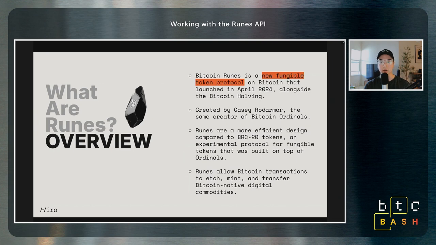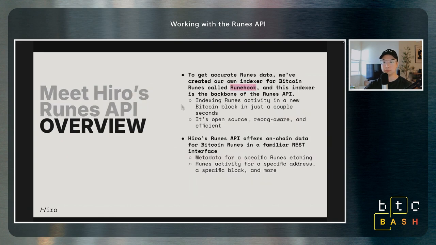They are a more efficient design compared to BRC20 tokens, which is also another fungible token protocol that's using Bitcoin as well. And it's important to note that the way runes works is through runestones, which are messages that are embedded in Bitcoin transactions that communicate what a rune is doing.